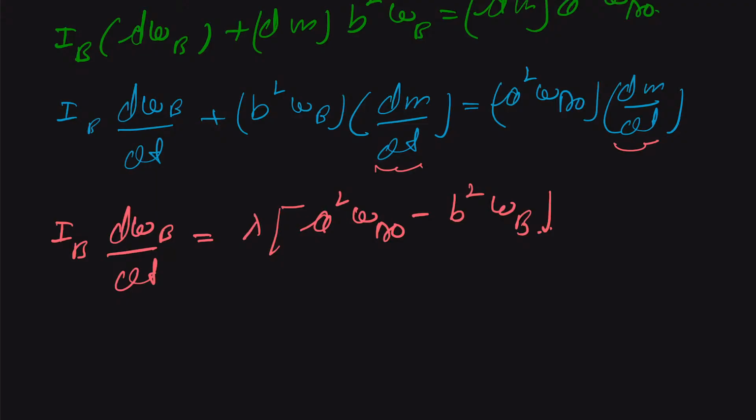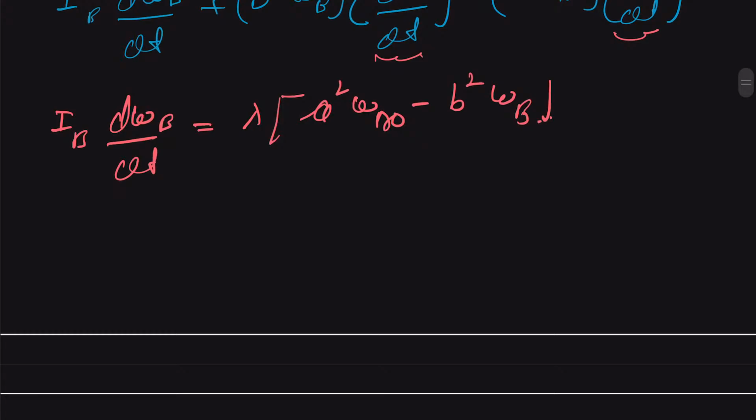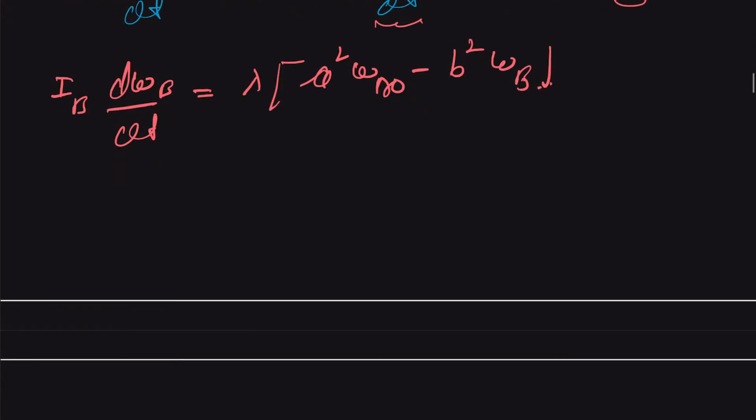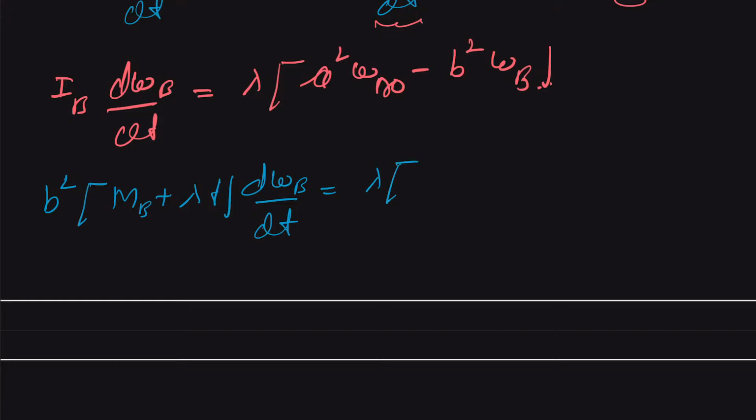And we already know the value of our IB, therefore we substitute that IB is equal to b square times mb plus lambda t, and this is our d omega b by dt is equal to lambda times a square omega a naught minus b square omega b.